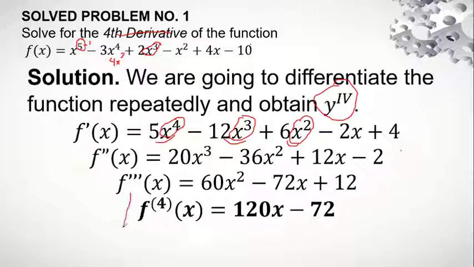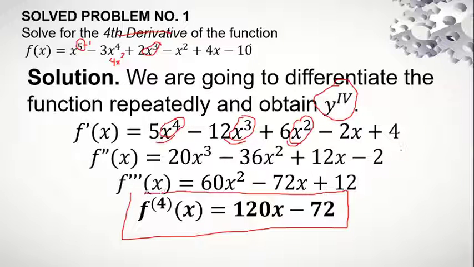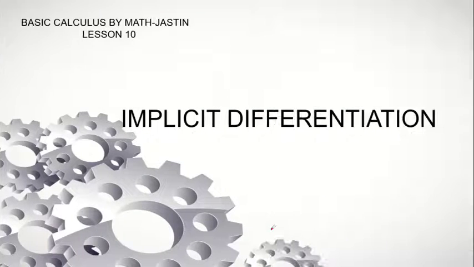Your fourth derivative is 120x minus 72. If you are going to find the fifth derivative, that is already just 120. Now, in my next video, we are going to proceed to implicit differentiation.